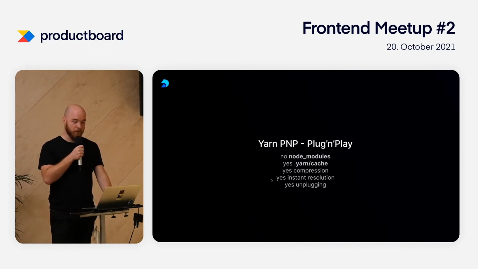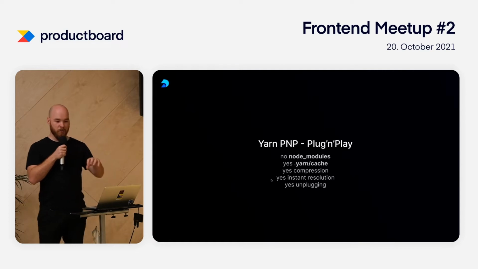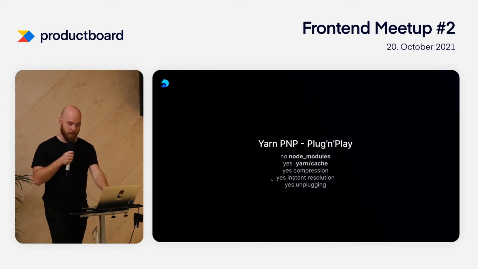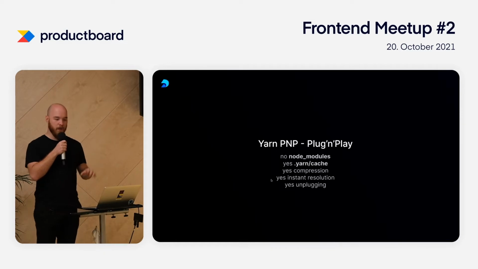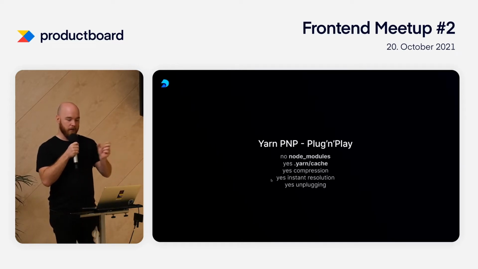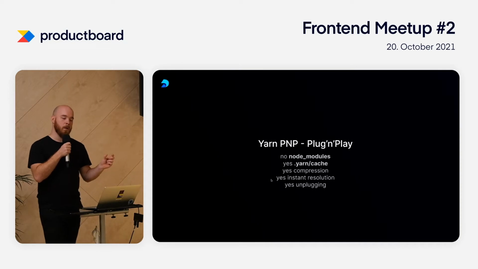So NPM people and Yarn 1 people know this concept of node modules, which is the meme with the largest and heaviest thing in the universe. And Yarn plug and play is a different thing, where when requiring and importing the modules, you don't store them on the file system.